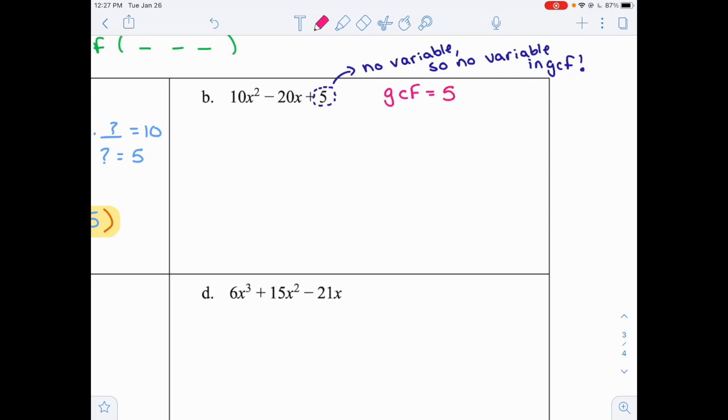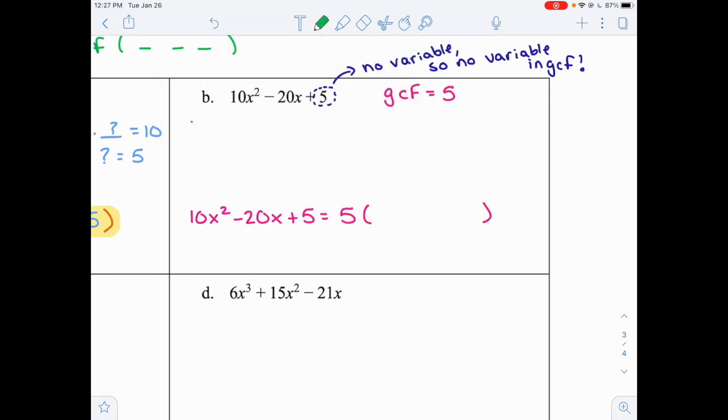So I'm going to say 5 times something. Actually, let's work on my colors here. So 10x squared minus 20x plus 5 is going to end up being 5 times some trinomial.